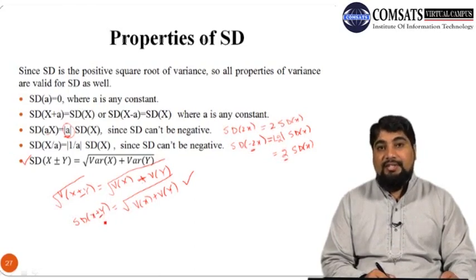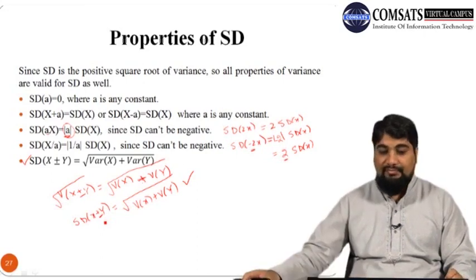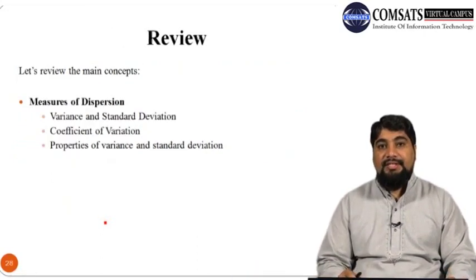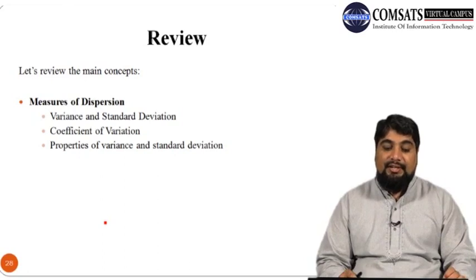So these are some of the useful properties of variance and the standard deviation. So let us take a review of today's lecture. In today's lecture, we discussed certain additional measures of dispersion.